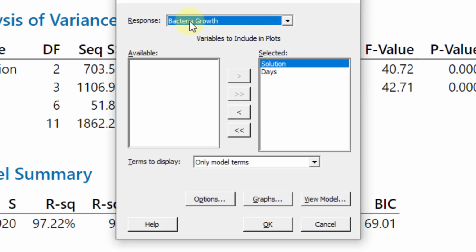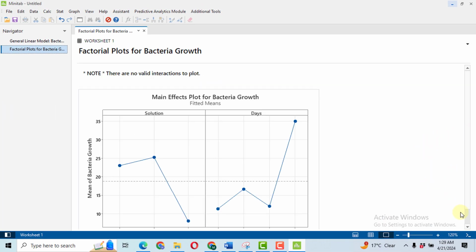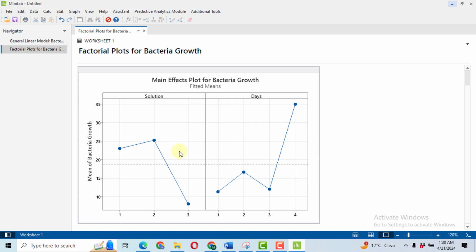In the factorial plot, select bacteria growth as response, and these are the two variables. Click OK. We will get the plot, and from the plot we can clearly see that solution number 3 has the minimum bacteria growth, so it is found to be the best one. Further, day number 1 has the least bacteria growth, so it is found to be very good. Day 3 also seems to be good.